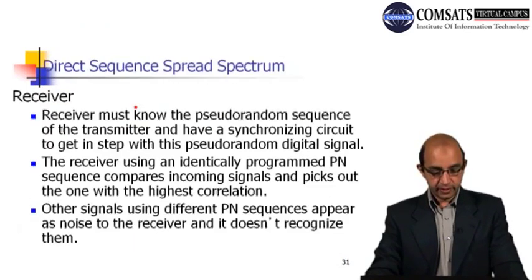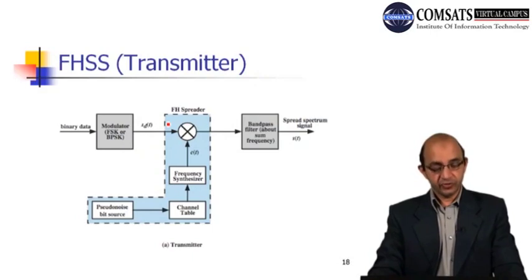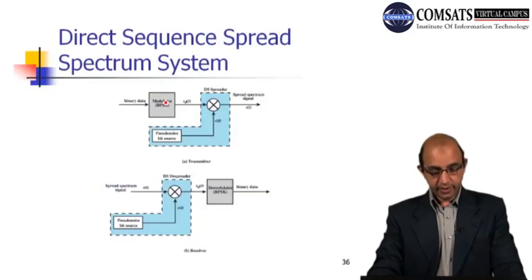If I go back, this is the circuitry for frequency hopping spread spectrum, again with modulation, then the frequency hopping circuitry. Here we have the binary data and the modulator, which is using binary phase shift keying, and this is the modulated signal, and this is the direct sequence spreader, the pseudo noise bit source.